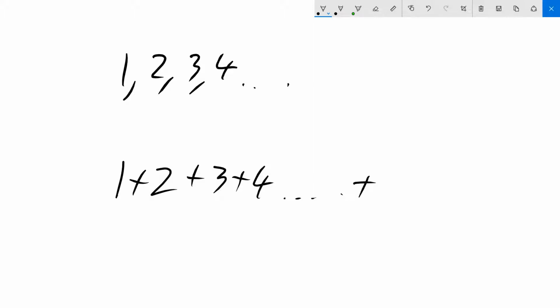For example, let's say plus 10, and we want to calculate that. Well, we could write it all the way across and solve for that, or we could do this. Please note that this only works for arithmetic series.